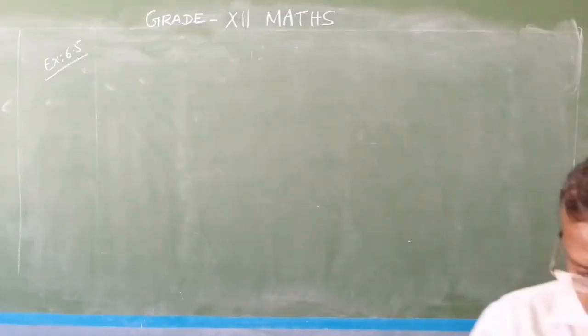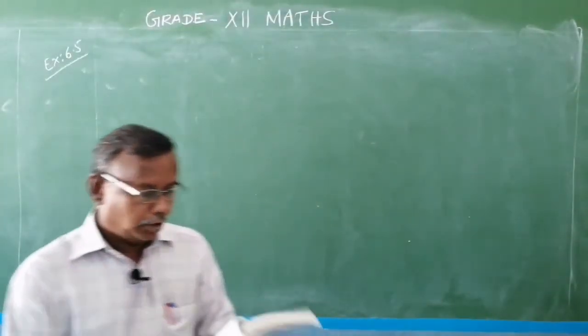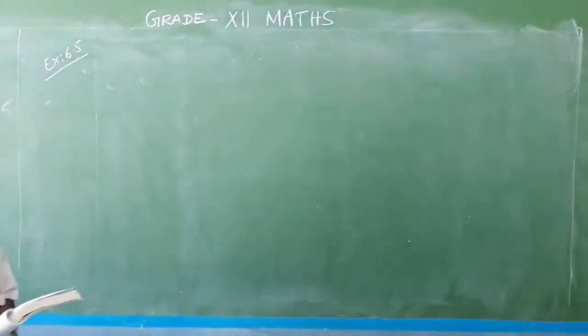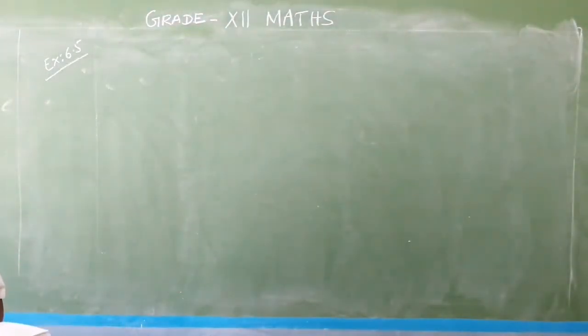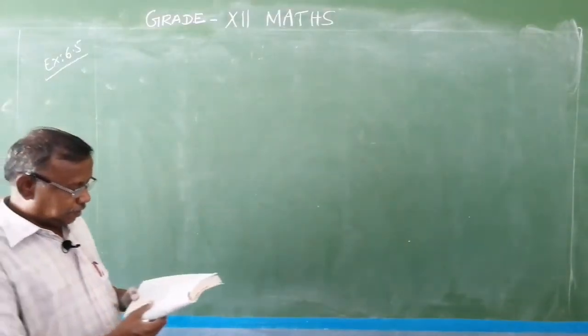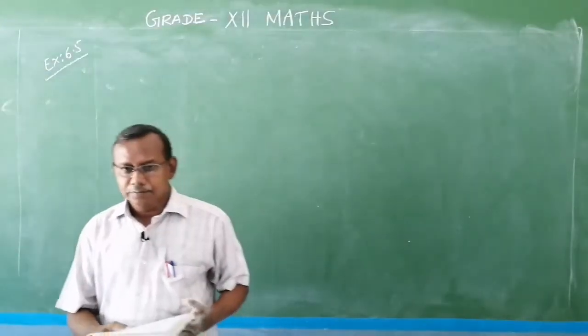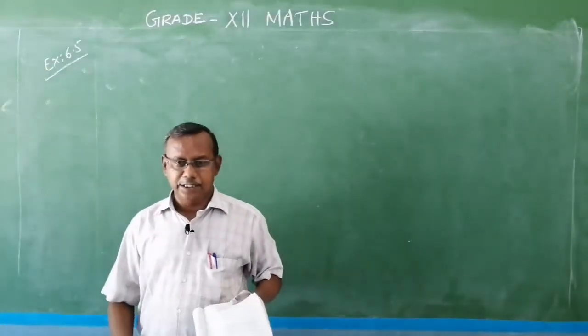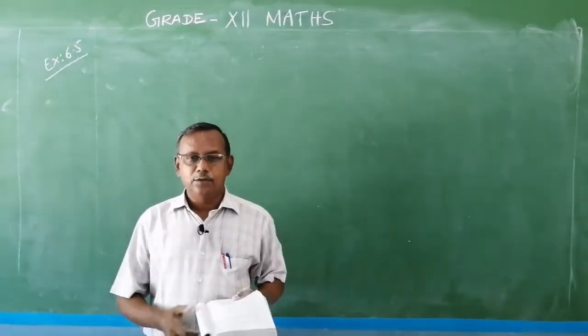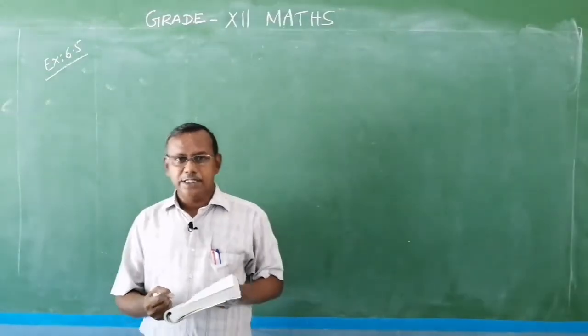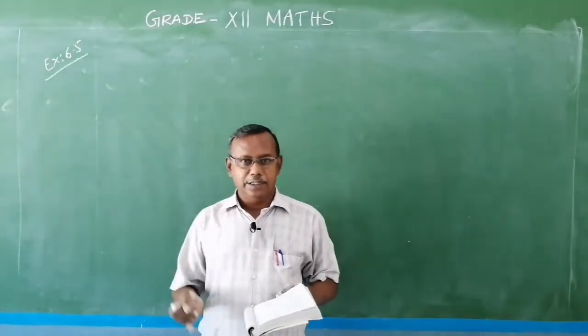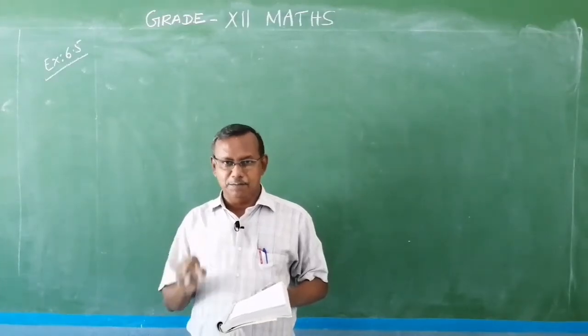Now question number 4. Prove that the following functions do not have maxima or minima. In the theorem we have studied, in the second derivative test, there are two conditions. The first one is dy by dx or f dash of x, that is first derivative must be 0.